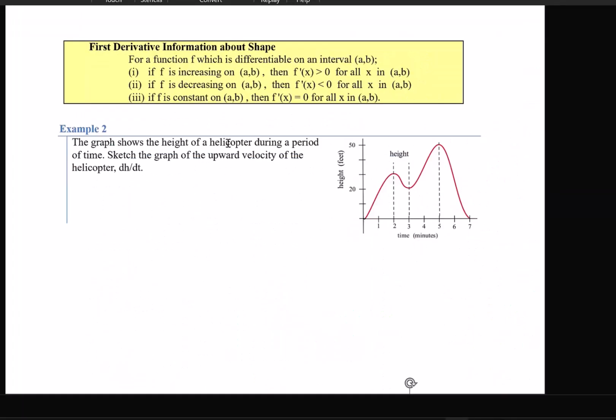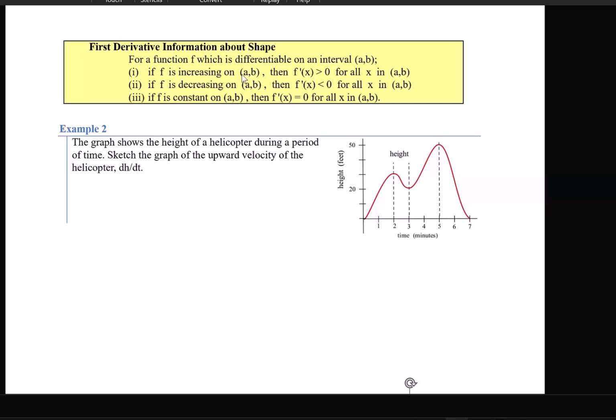Number 2. Now we're going to talk about the first derivative and what we can use it for to find the shape of a graph. It says, for a function f which is differentiable on an interval, we may not be able to find the derivative everywhere, but as long as on an interval that we pick we can find the derivative, then that's what we're talking about.